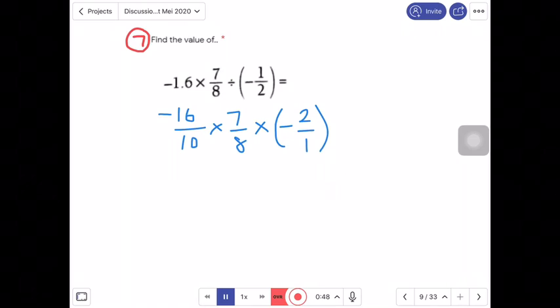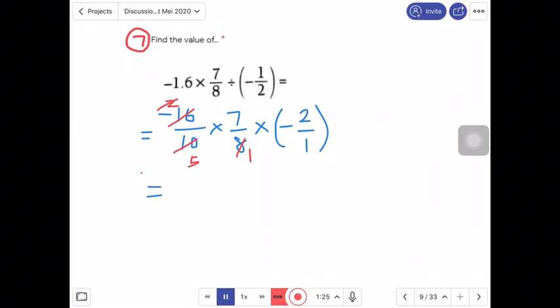Okay, so from here straight away we can just simplify or cancel off the values. Okay, so here 16 and 8, you can simplify, it's 1, 2, and then 2 and 10, you can simplify, you get 5. After you cannot simplify anymore, you can just straight away multiply all the numbers. So the denominator, you multiply all denominators together, and you have to observe the sign.